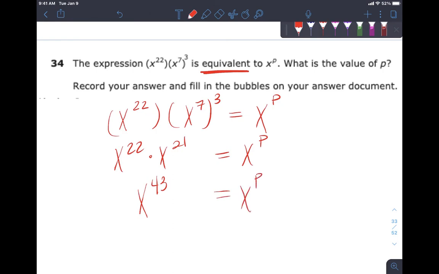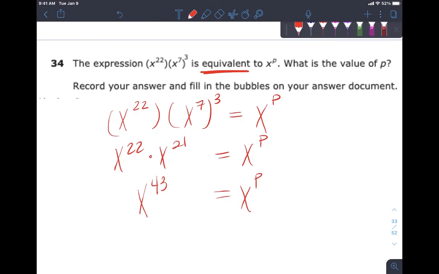Now, I could go ahead and verify that this piece and this piece are the same by replacing x with the number 2 and just verifying that it's going to give me a true back. I already know that that's correct, so I'm fine with that. But what about this part? x to the power of 43, x to the power of p.